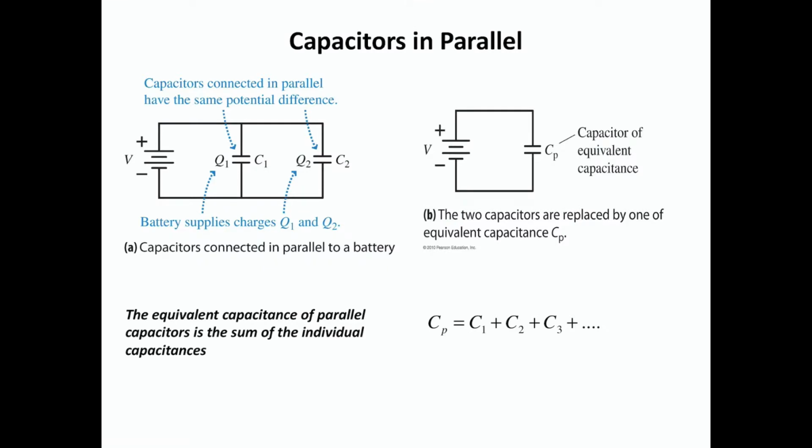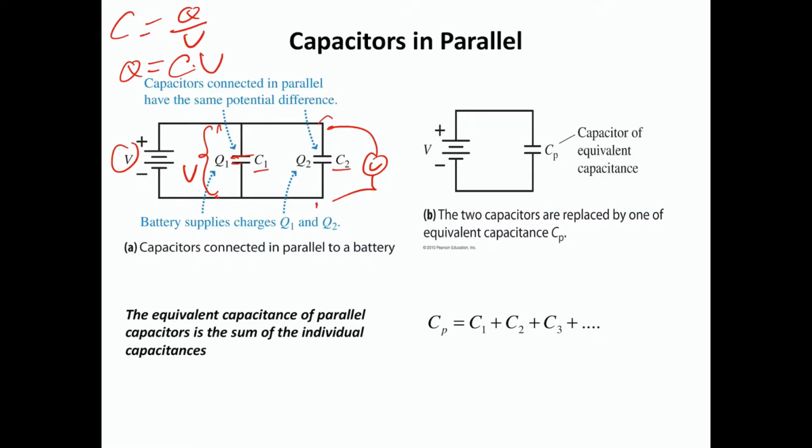What's the difference? Another thing is the voltage. This is V, this is also V, and this is also V. But how much charge is stored on each plate is different. Remember, C is equal to Q over V. Another way to write the definition is that the Q you store is capacitance multiplied by V. They have the same V but different capacitance.